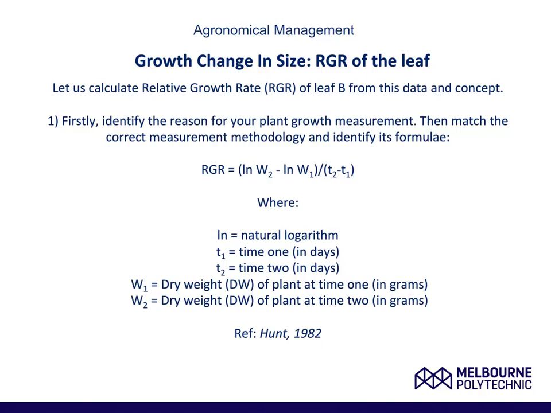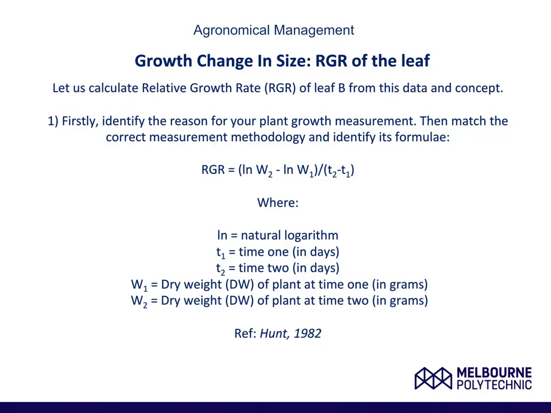So let us take the understanding of changes in rate, or the relative growth rate, into more detail, and let's actually assign a formula so we can calculate this robustly. The actual plant dry matter increase for both leaf A and B were the same. However, the relative increase was largest in plant A, as it has nearly doubled in size.